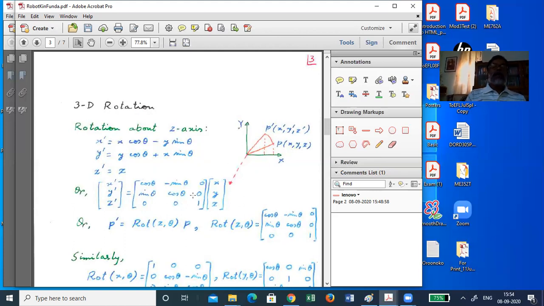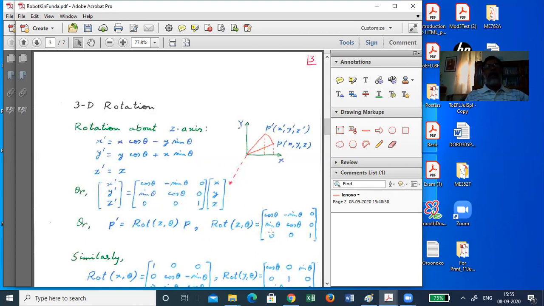So you say that rotation about z axis through an angle theta in 3D space will be represented by this 3 by 3 matrix with this special structure of the third row and third column, and the leading 2 by 2 part will be the old 2D matrix. So this is the rotation through an angle theta about the z axis.